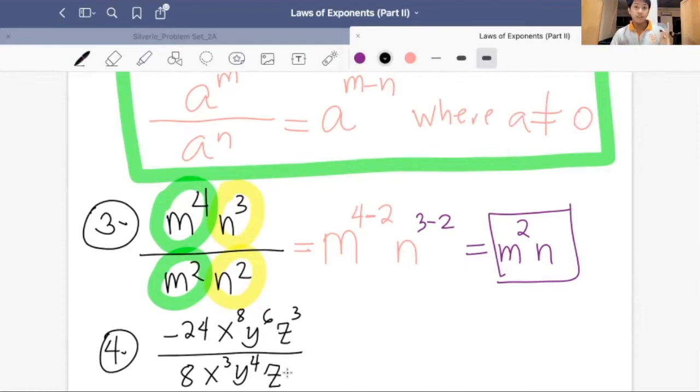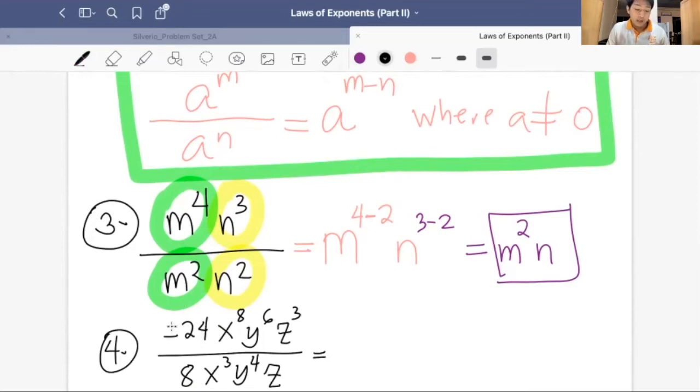Now, I want you to pause this video and try to solve it by yourself. Okay, and then after solving it, resume. Okay, continue watching this video and we'll see if you got the correct answer. Come on, don't cheat, huh? All right, did you solve? Are you sure? Okay, let's solve this one.